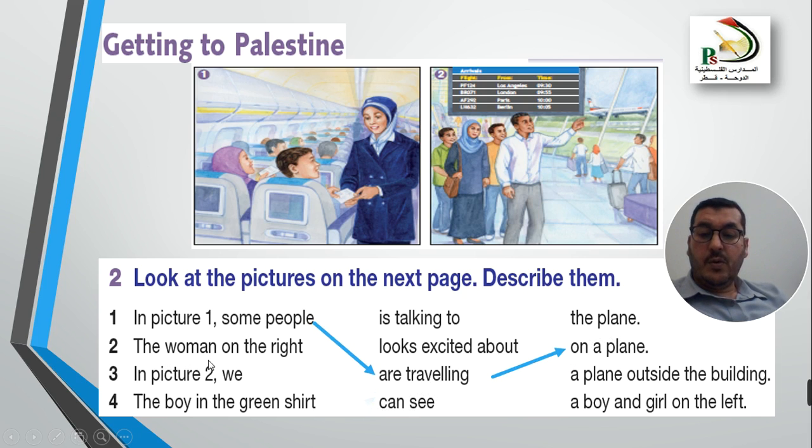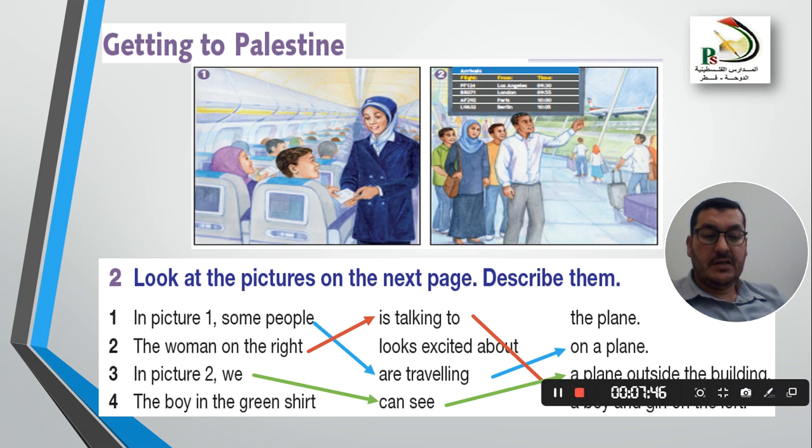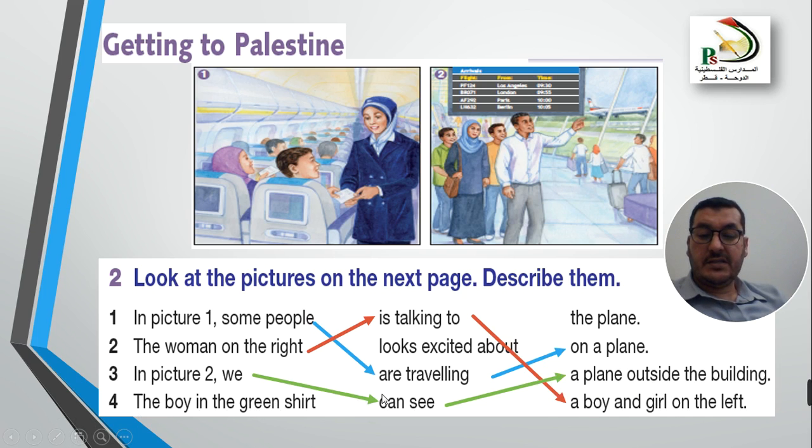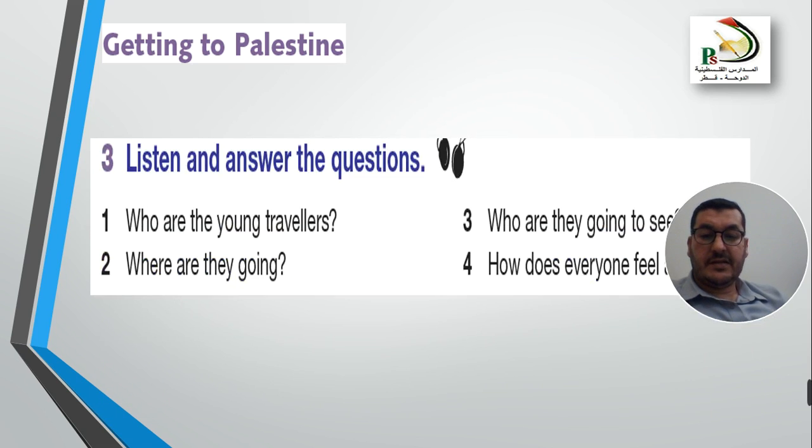Now number 2, the woman on the right is talking to a boy and girl on the left. Number 3, in picture 2, we can see a plane outside the building. Okay, and number 4, the boy in the green shirt looks excited about the plane. This is the order of the phrases.